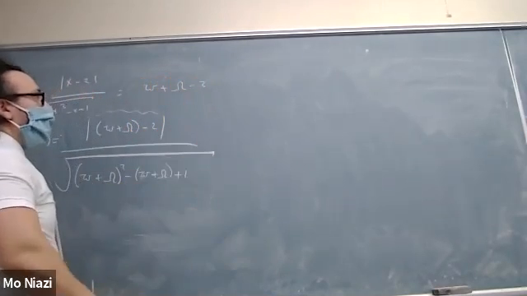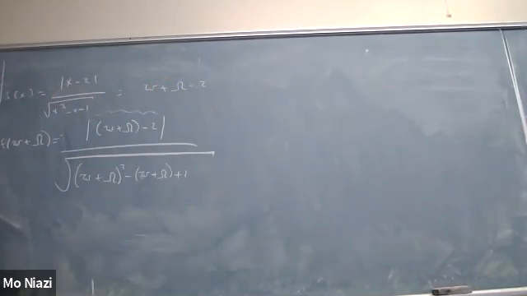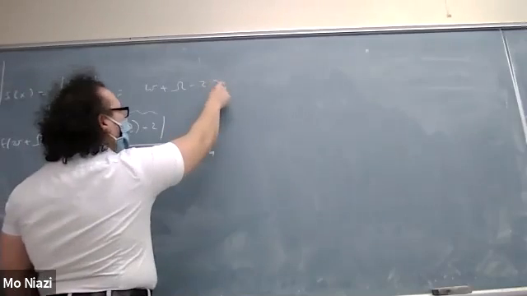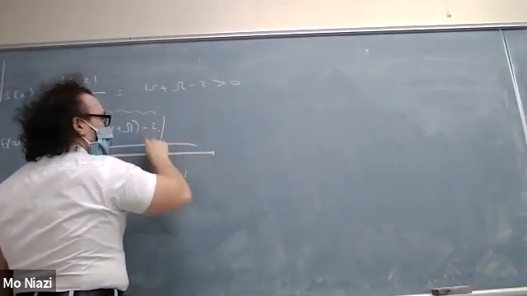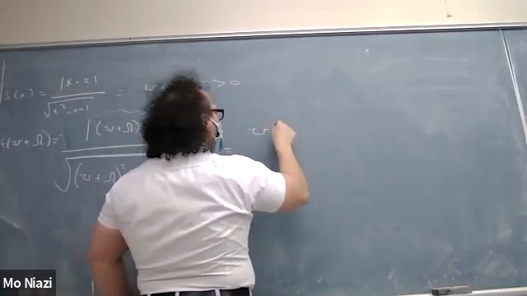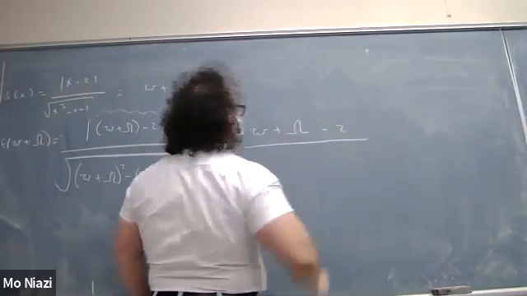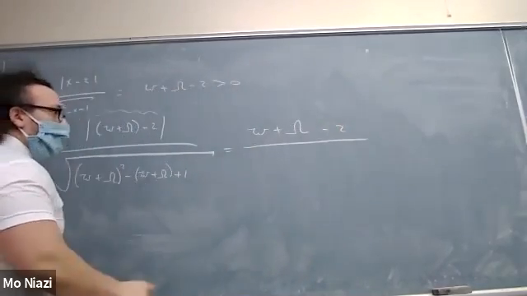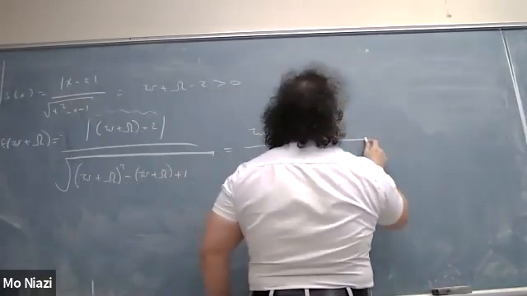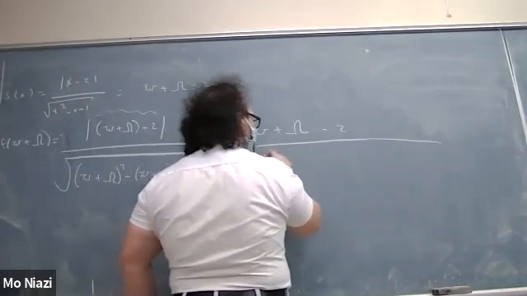Is this greater than, less than, or equal to 0? Greater than. Yes, this is greater than 0. So by definition of absolute value, that's what we get. Down here, this is what we get here.